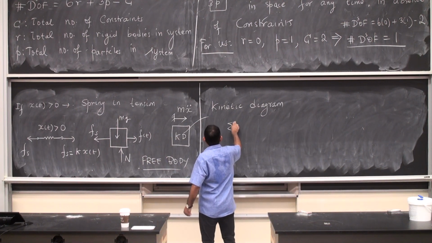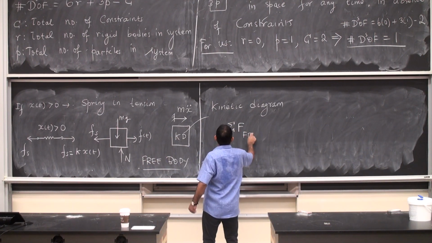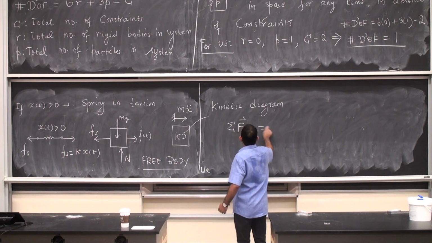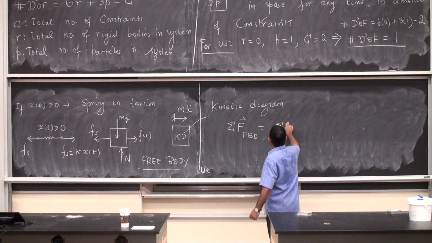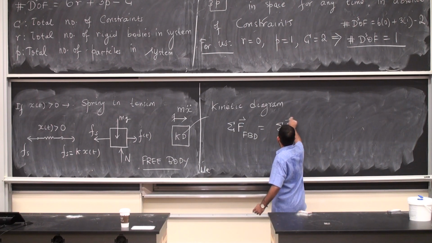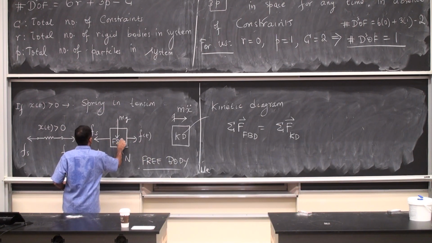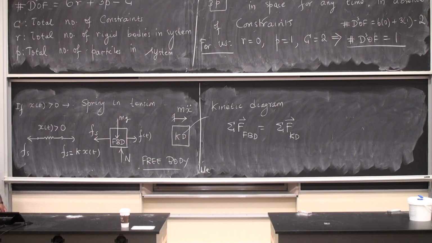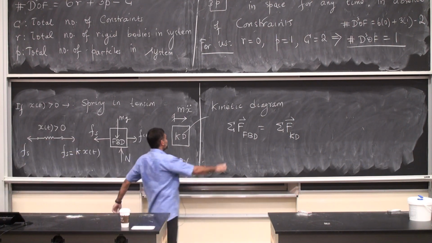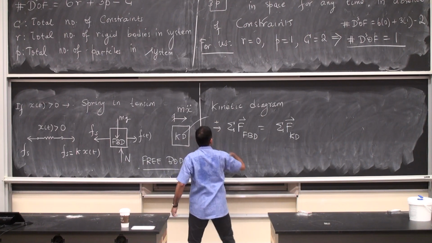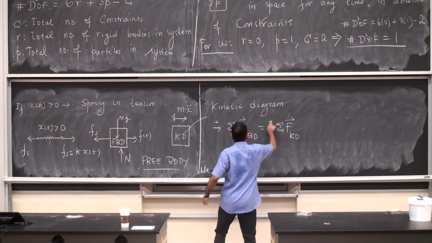Sum of all the forces on the free body diagram is equal to sum of all the forces on the kinetic diagram. Forces pointing to the right are positive.